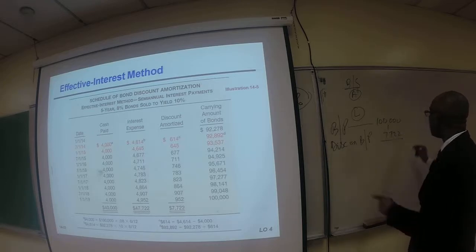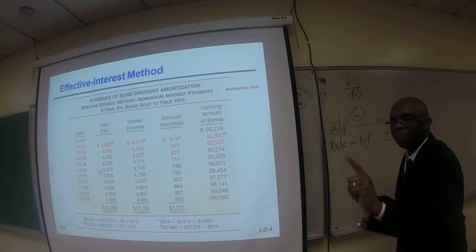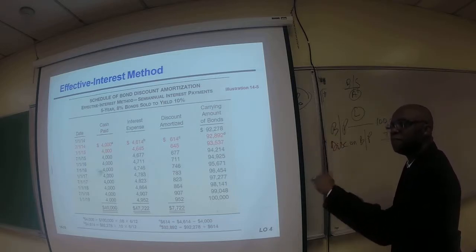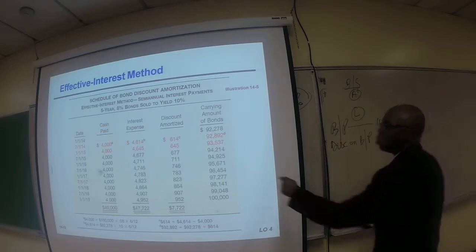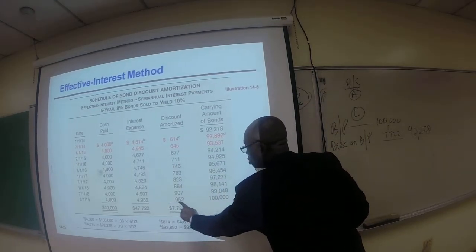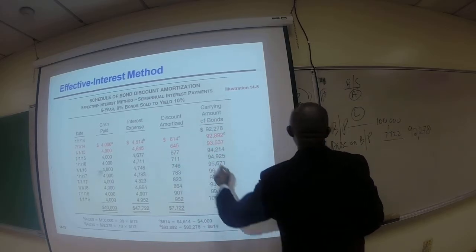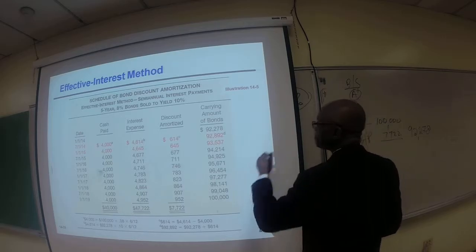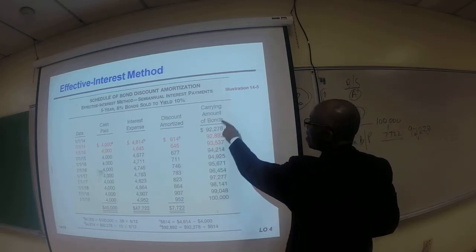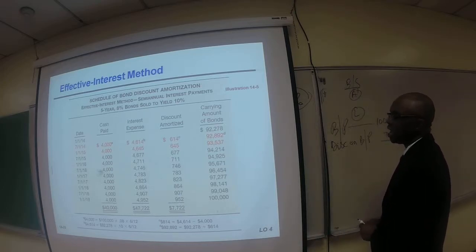So the carrying value of the bond, 92,278. So that was at the beginning. The first 6 months, guess what happened? We amortized a portion of the total discount by 614. In other words, we reduced it by 614, and then we now have the carrying value of 92,892.